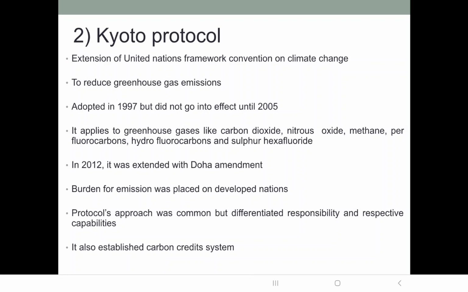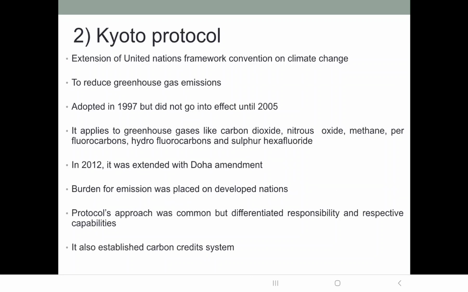So definitely the developed countries were held more accountable for the greenhouse gas emissions. Also, developing countries have asked the developed countries under this Kyoto Protocol to mobilize around $100 billion to the developing countries, so as to compensate for the greenhouse gas emissions.